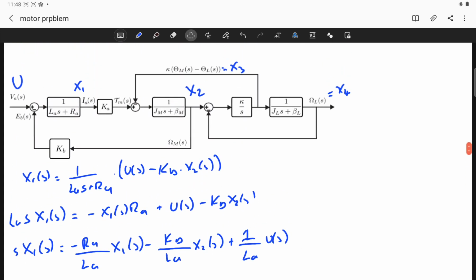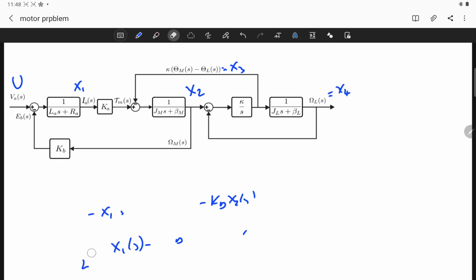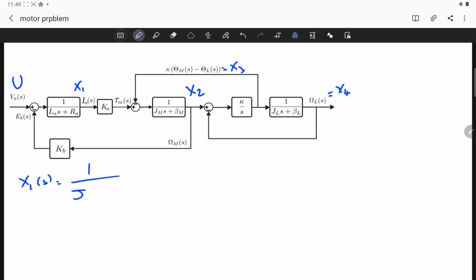That's nice. So we will do the same thing for all of the states. Let's clean everything and now move on to the second state. So x2 of s is equal to 1 over Jm s plus beta m, times torque, but torque is not a state, right? So we don't want to use variables that are not states. So what I do is Ka times x1 of s minus x3 of s.